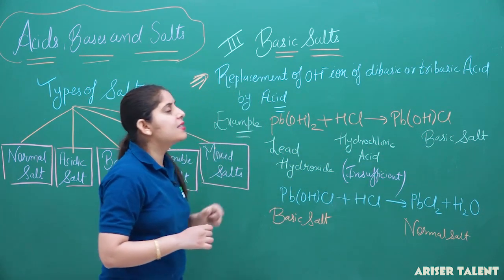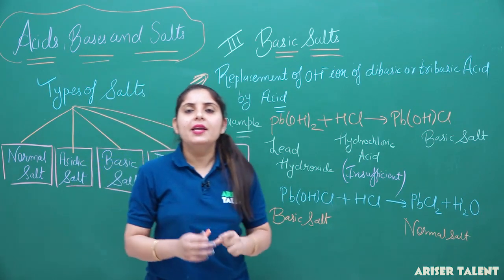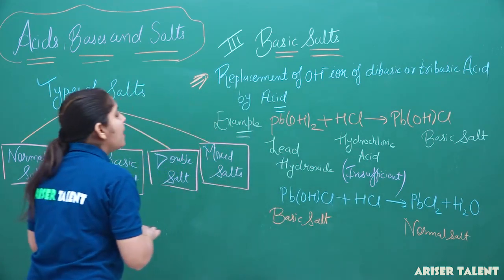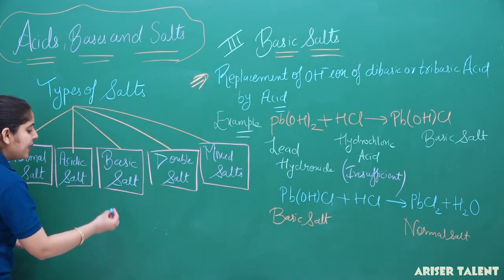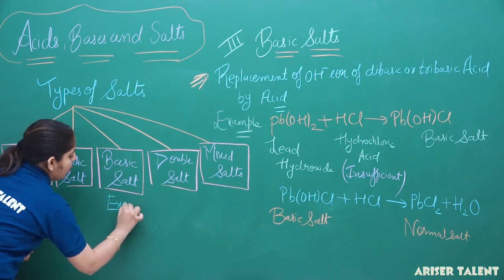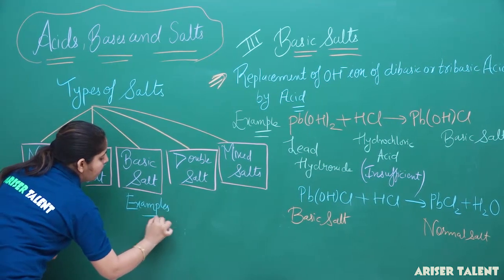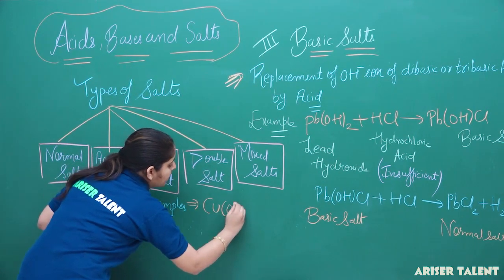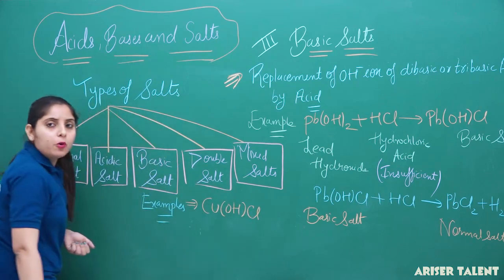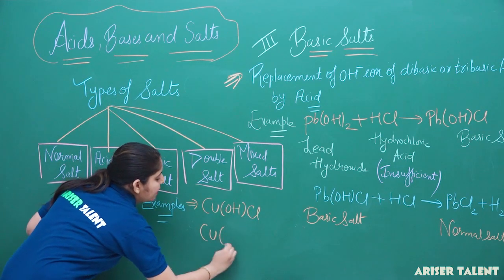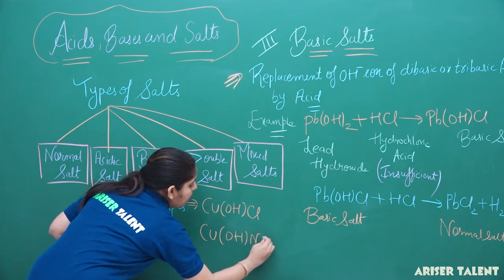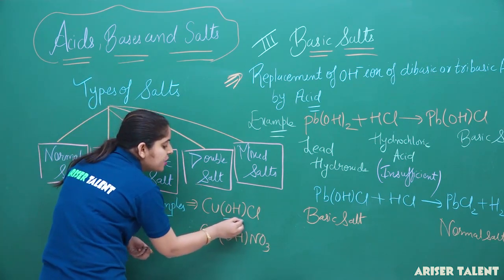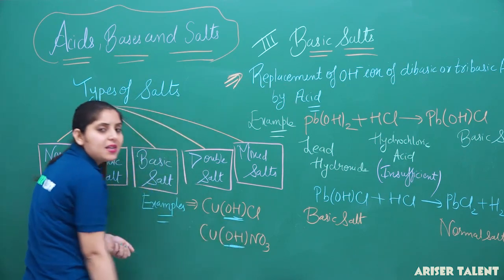We have many more examples in the category of the basic salt, like copper chloride, copper nitrate, lead nitrate. Our first example is copper chloride. Second example is copper nitrate. You can see here, this is a basic salt due to the presence of the OH minus ion group.